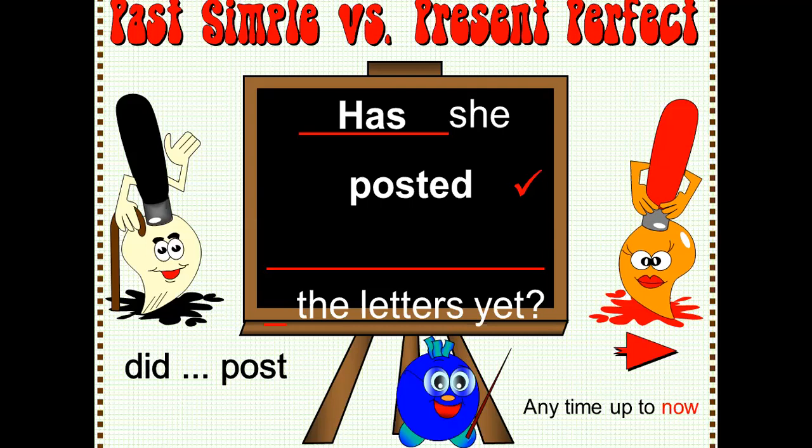I'm just asking whether she has posted or not. If I'm sure that she posted, I say she posted the letter, for example, yesterday or at 7 o'clock yesterday, but I don't know. I'm asking about a tense which hasn't been fulfilled. I'm not sure of it up to now.